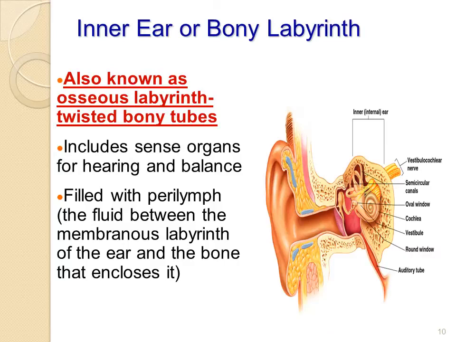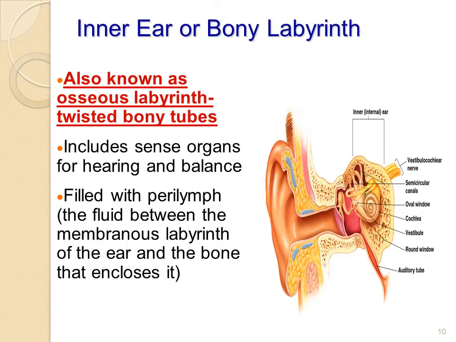As we said before, the outer and middle ear are only for hearing, while the inner ear is for hearing and equilibrium or balance. Now this inner ear, or internal ear, or bony labyrinth, is filled with perilymph. This is the fluid between the membranous labyrinth of the ear and the bone that encloses it.